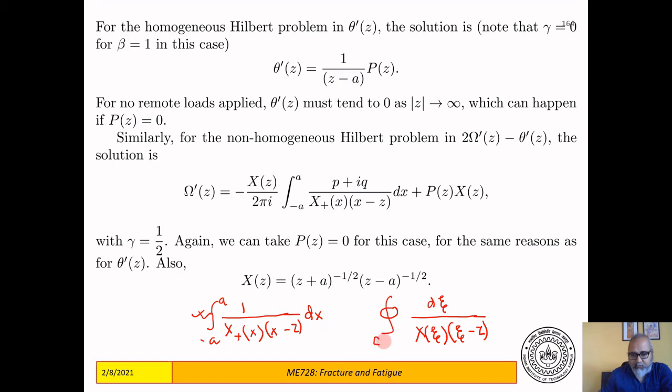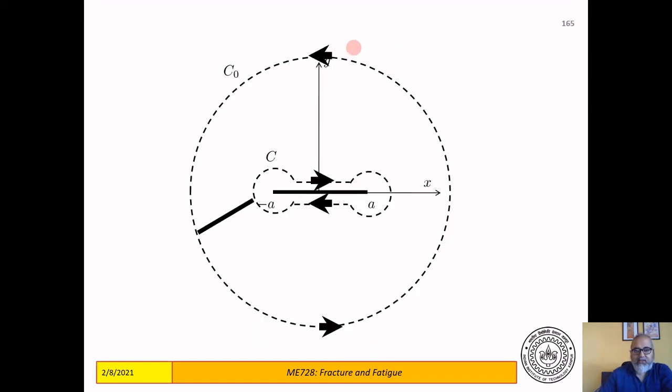The contour that we are going to take is over c plus c naught, where c naught is this big circular contour whose radius r tends to infinity, and then c is a contour that just wraps around the crack. So these are very small circles whose radii go to 0. Then here you go along the crack from a to minus a.